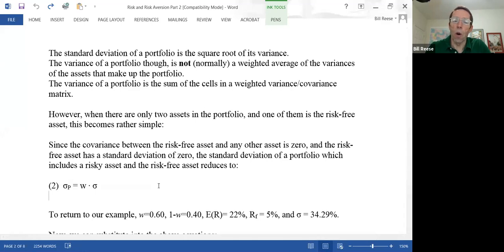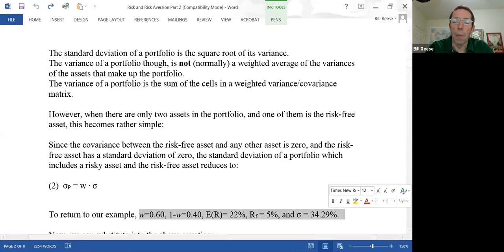And we also saw that asset number 2, the risky asset, had an expected return of 22% and a standard deviation of 34.29%. So that's what we've got right here. Our risky asset has a standard deviation of 34.29%, our risk-free rate of return was 5%, and our risky asset has an expected return of 22%.